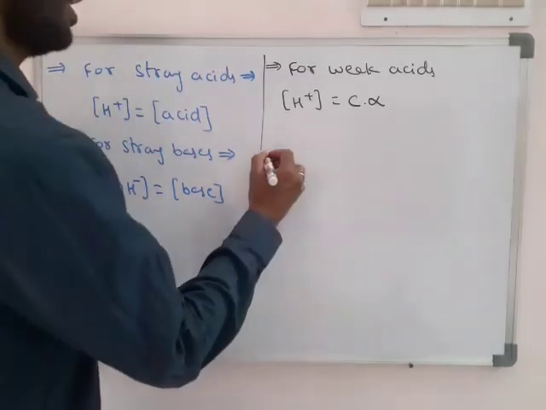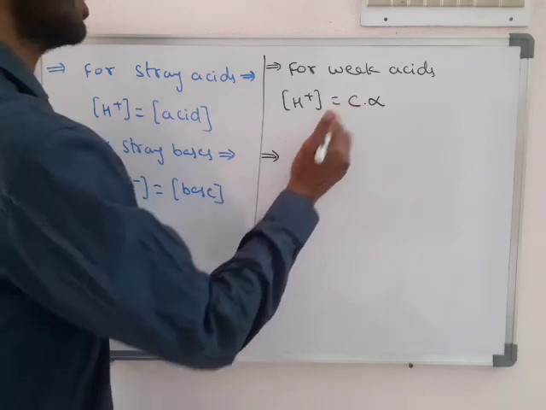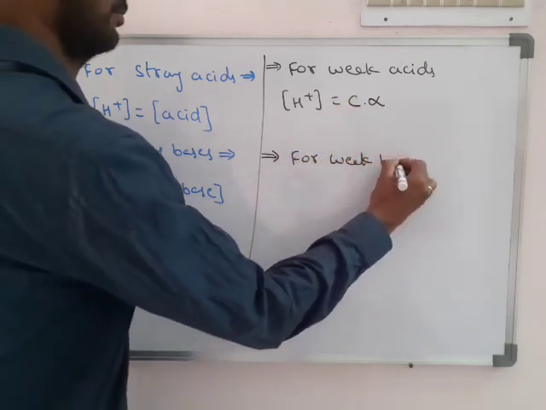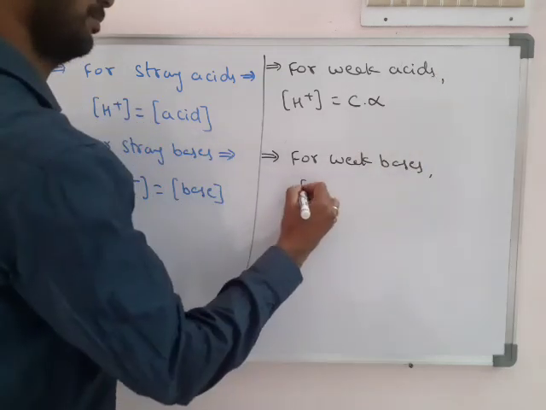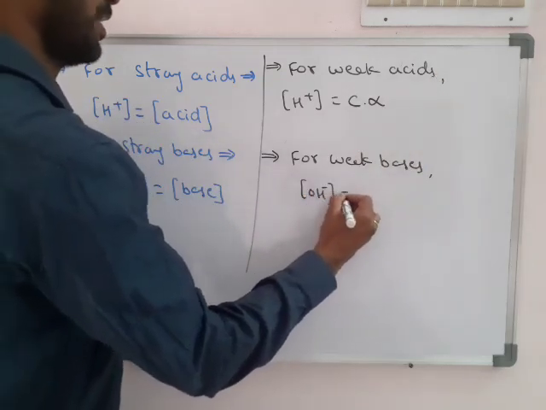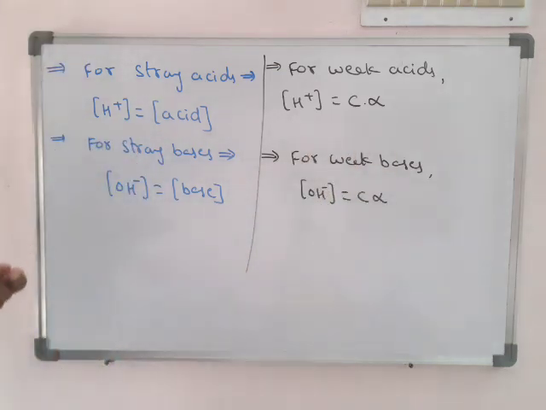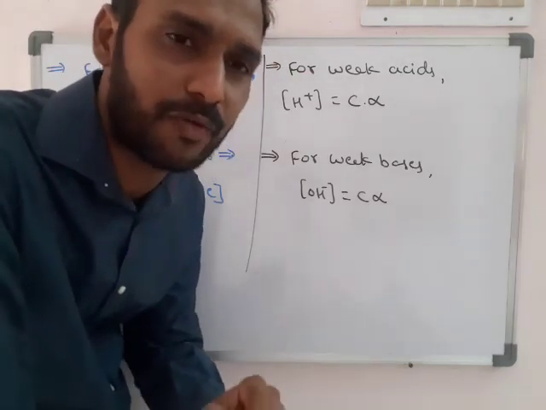If alpha is not given, directly we can take alpha equal to 1 and H plus equals C. For weak bases, the OH minus is again equal to C into alpha. So these are the main formulas in the degree of ionization.